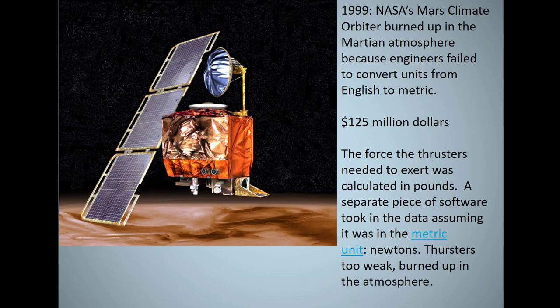Newtons are a much smaller unit than pounds, so the thrusters just didn't kick in enough thrust to prevent it from burning up in the atmosphere. So that was a very expensive meteor: $125 million burned up in the atmosphere.